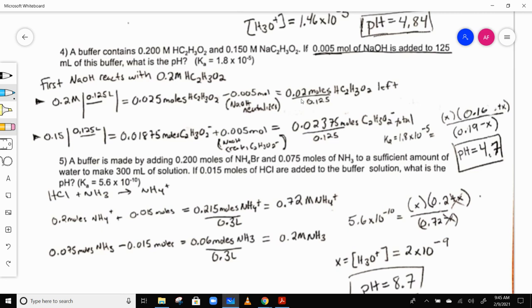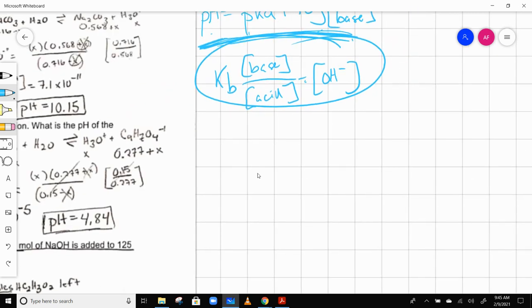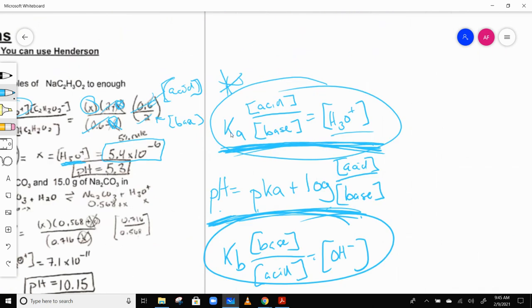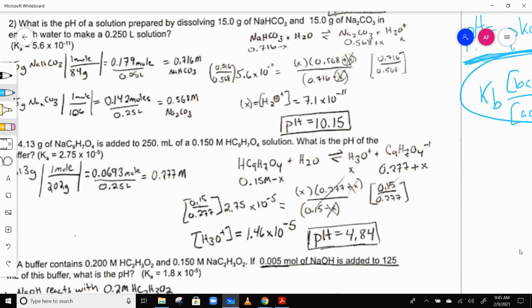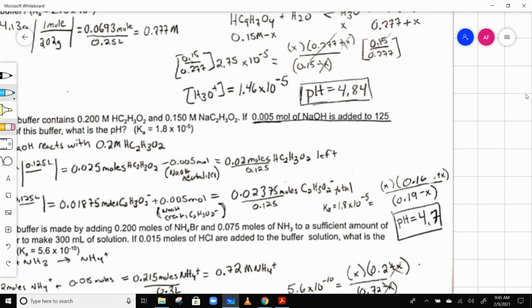Okay, so now we have the new acetic acid and new acetate ion concentrations, and we can plug that in using this equation again, Ka times concentration of acid over concentration of base. That's basically what I did here.